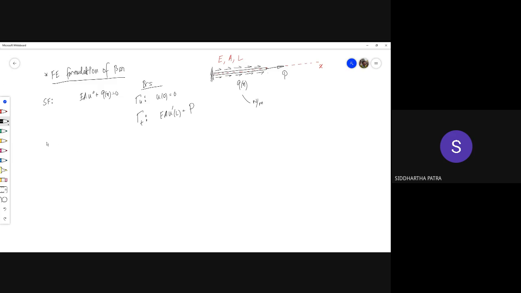Now we also had the V statement, assuming V is the variation of U, that is an arbitrary variation of U. So it should satisfy that in gamma U, V equals 0 or V0 equals 0 must be satisfied.